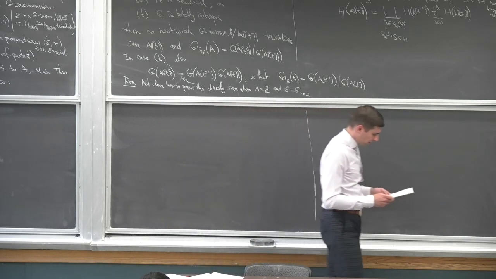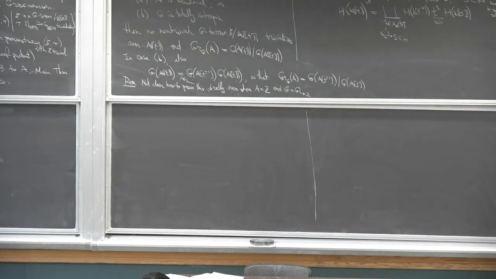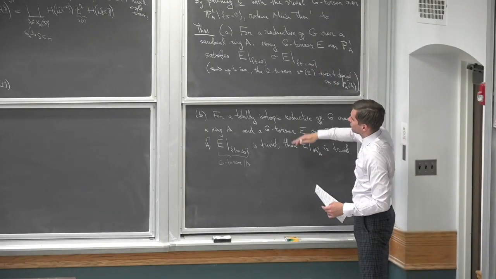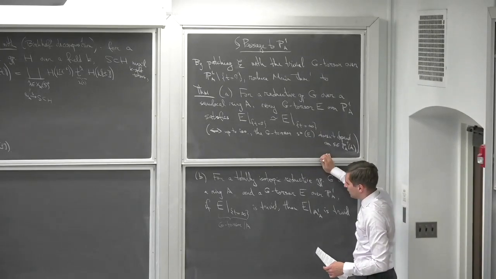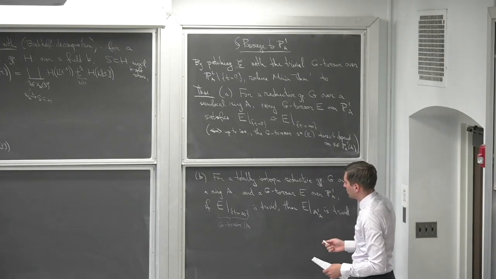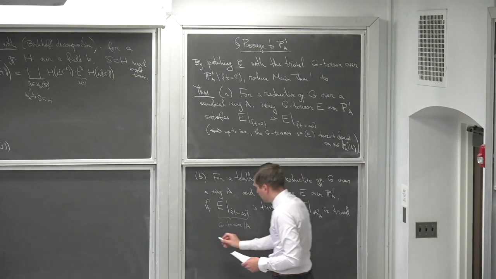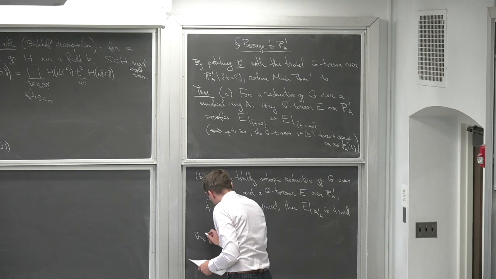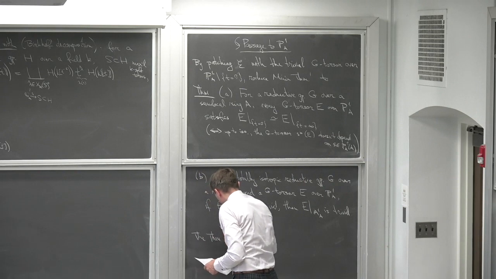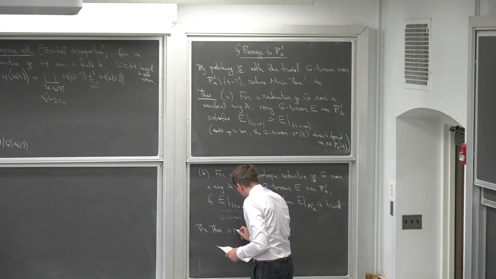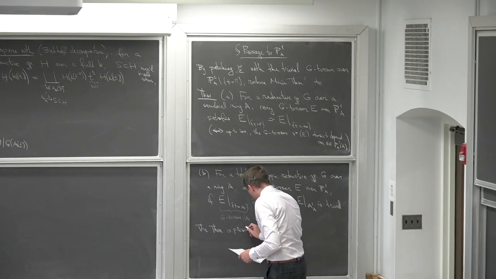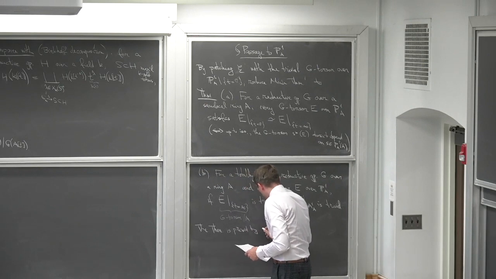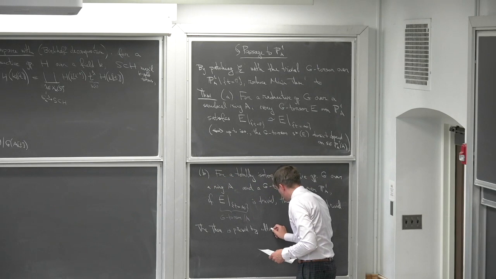So let's turn to discussing how this theorem is proved. Let me mention right away what the end goal is. So this theorem is proved by, like, the whole strategy.